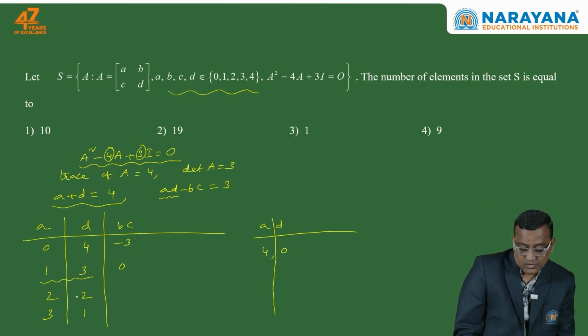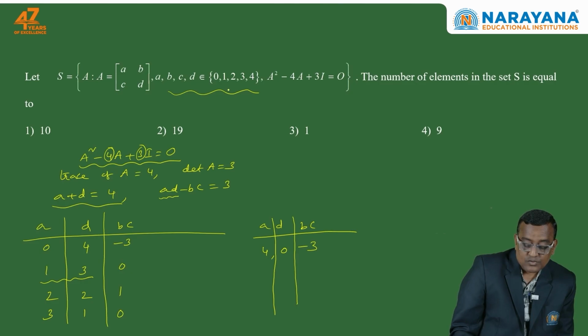If a and d are 2 and 2, the product ad becomes 4 and bc is 4 minus 3, that is 1. Similarly, if a is 3, d is 1, ad becomes 3 and bc is 0. And a 4, d 0, then ad becomes 0. So bc is minus 3.